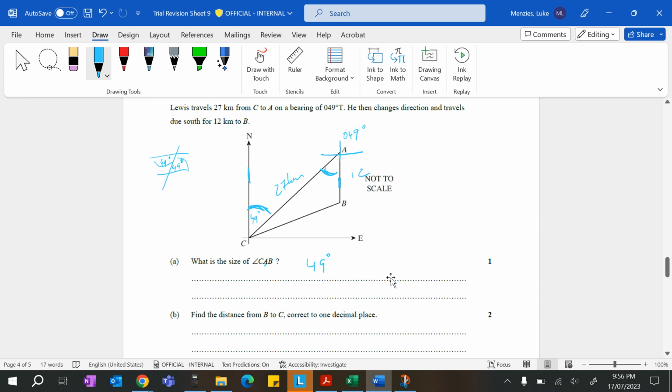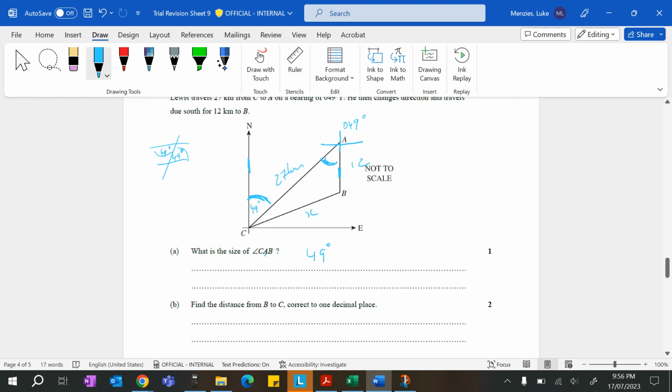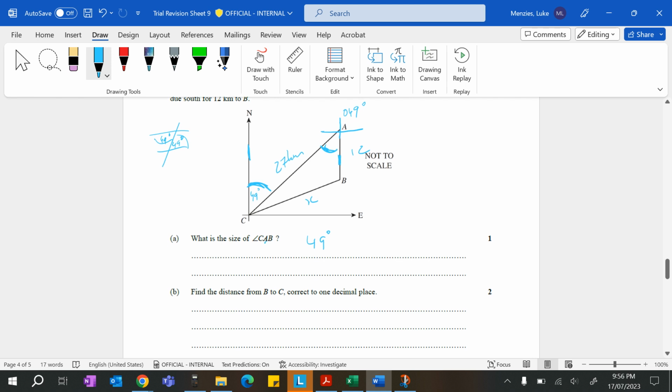Find the distance B to C. So this is x. We're going to use the cos rule, because I have two sides and the included angle. Hopefully by now that should scream cos rule to you. It's on your formula sheet.